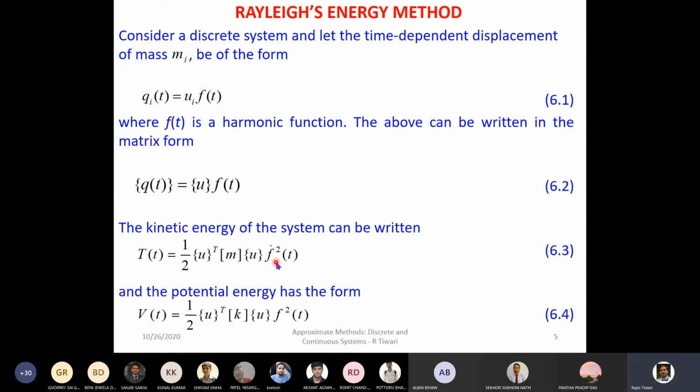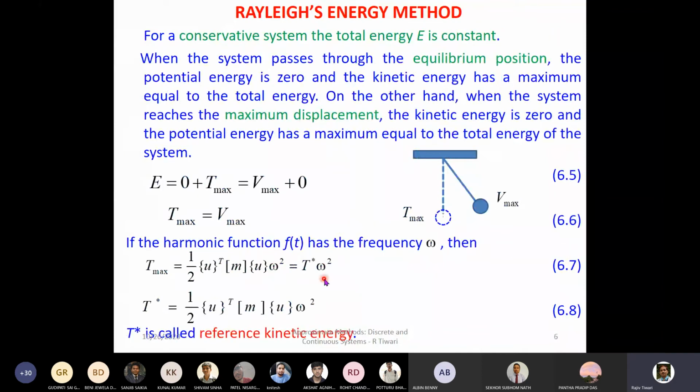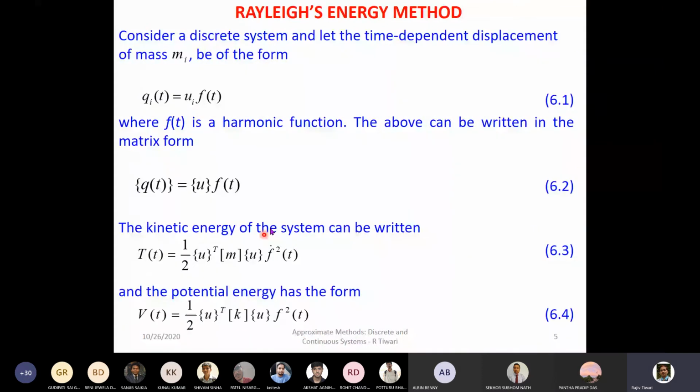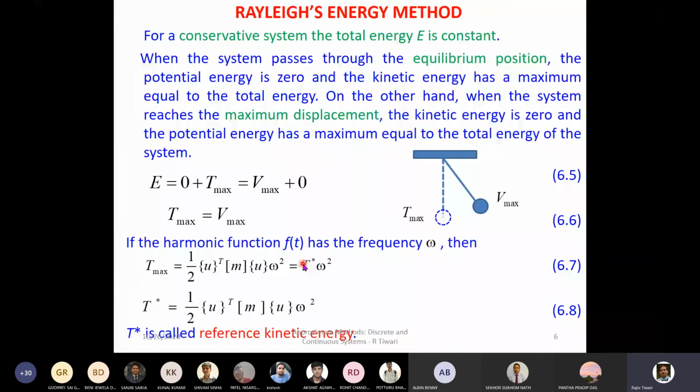If we are using f(t) as, let us say, cos omega t or sin omega t, which are harmonic functions, and we take the derivative of that, we get one omega, and the square is there, so we get omega square, and the cos will have maximum value 1. Because we are interested in the maximum kinetic energy, that function's maximum value will be 1, so that we have taken.